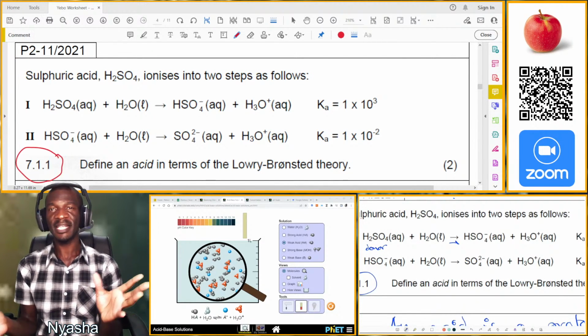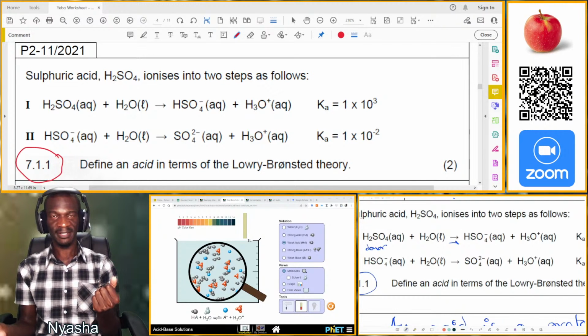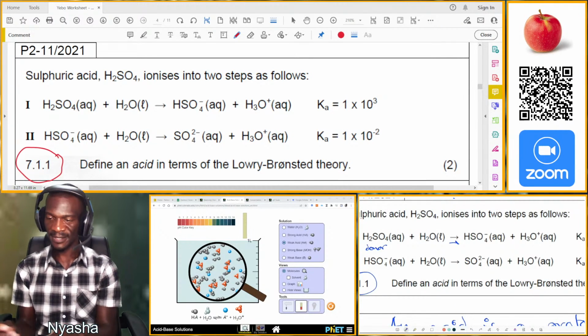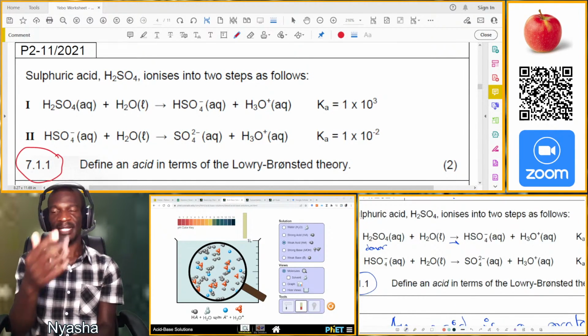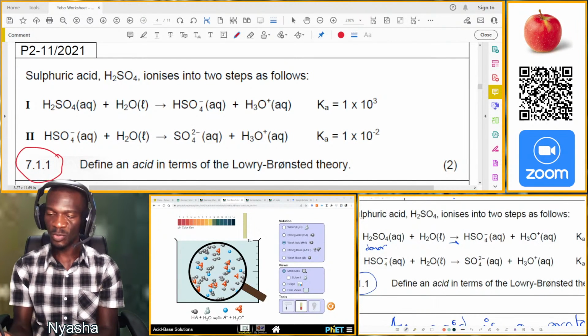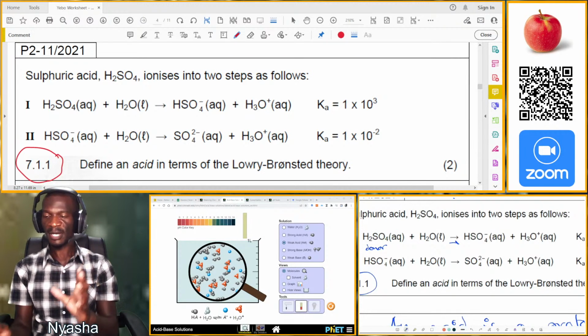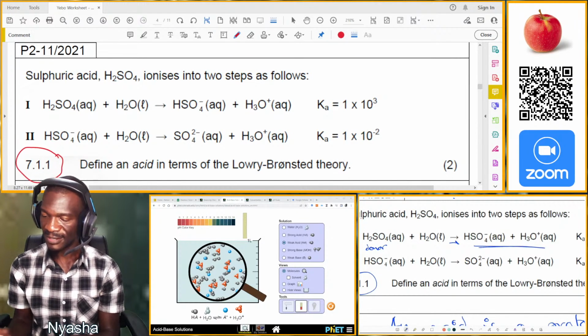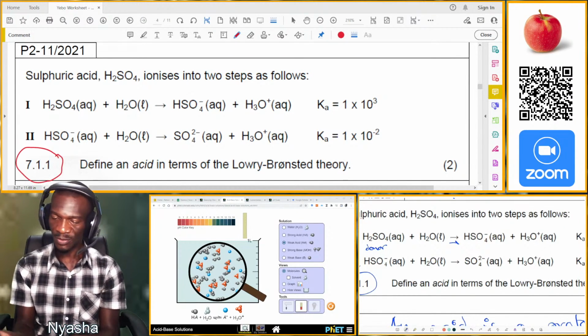Let's look for HSO4 in the second chemical reaction, isn't it? So we can start by looking at the second chemical reaction as the reverse of this chemical reaction. We do not have HSO4 in the reverse, so HSO4 will not work for the reverse analysis. Let's look at the second chemical reaction, which is this one.